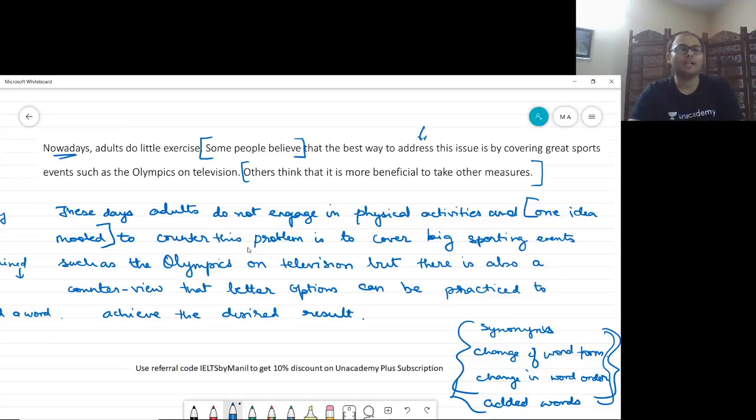Now there's one more thing I want you to notice here. Within the original statement, we had three different sentences. But if you look at my paraphrase, it is one single sentence. What I formed here is what is called a compound sentence, right?